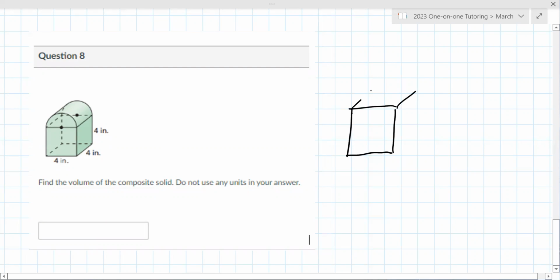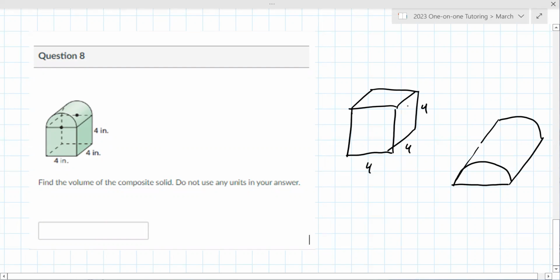I think it's a good idea also to draw these, not accurately, but just sort of say, okay, that's the first one. The other one is not a hemisphere, it's a half cylinder. Trying to think of something that looks like that in real life. Not sure I can think of anything real quick, but the volume of the cube is 4 times 4 times 4.